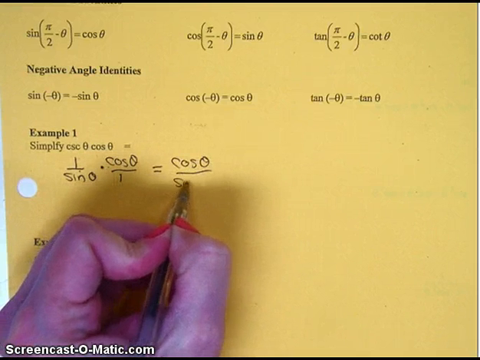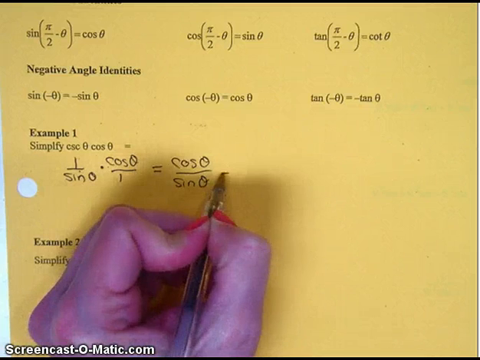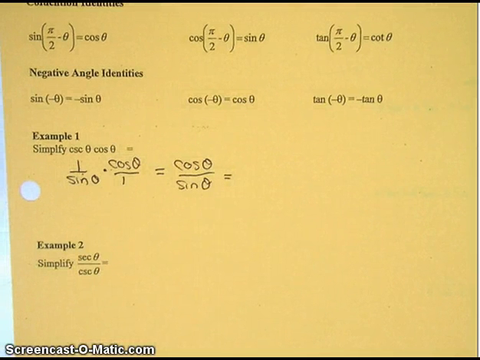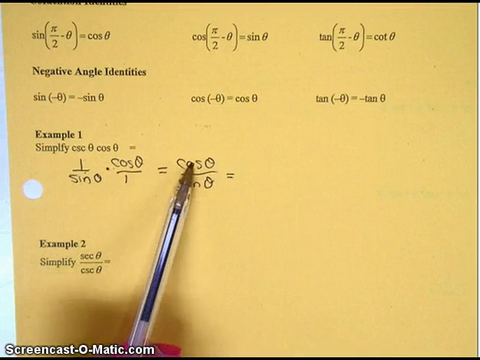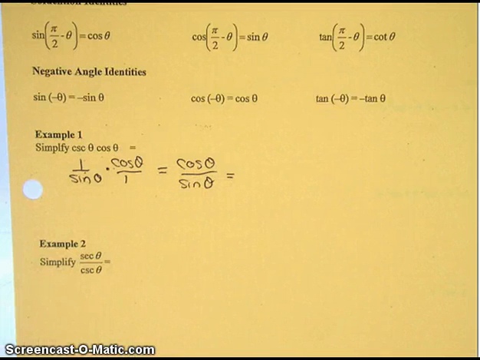And actually, we do need Vanna again. Does anybody see anything from the top row that we could replace cosine theta over sine theta with? Raise your hand, please. Don't just yell it out. Yes, Kayla.